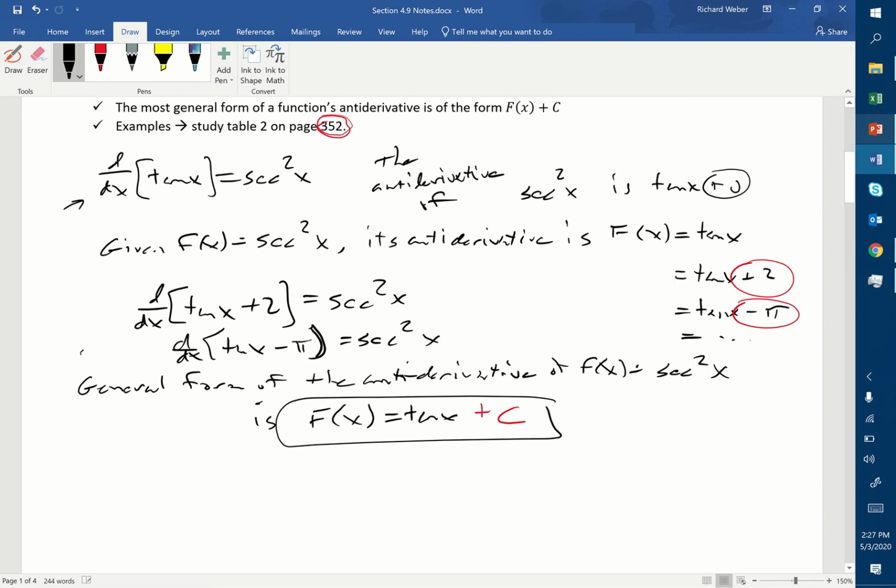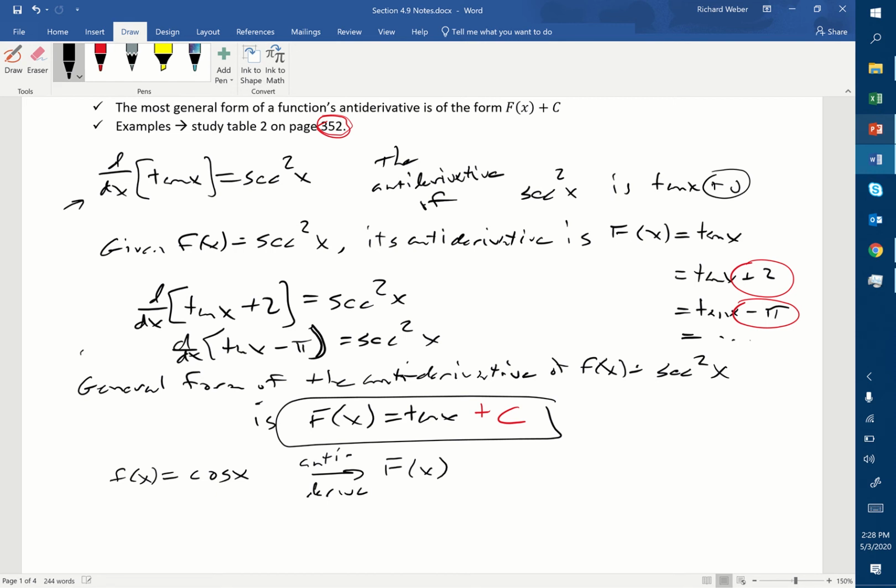So for example, let's say that f of x is equal to cosine of x, and we're looking for its antiderivative. So what's the antiderivative?